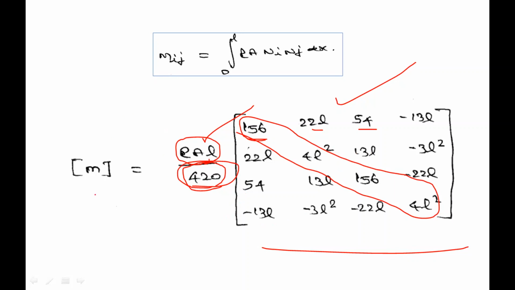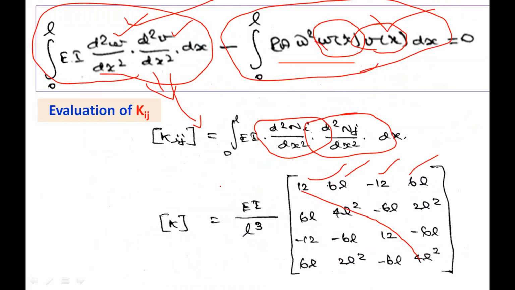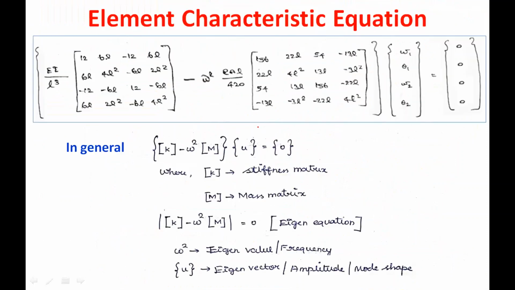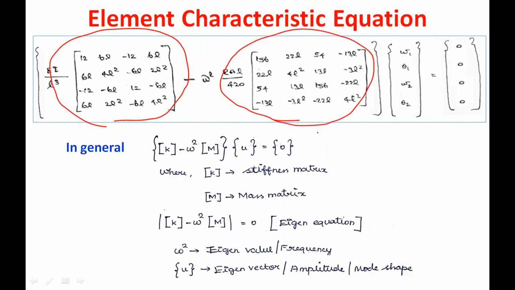Okay, after getting this mass matrix and stiffness matrix, so this is our stiffness matrix, we can write the element characteristic equation. It will be in this format: K matrix minus omega square M matrix, 4 by 4 matrix.